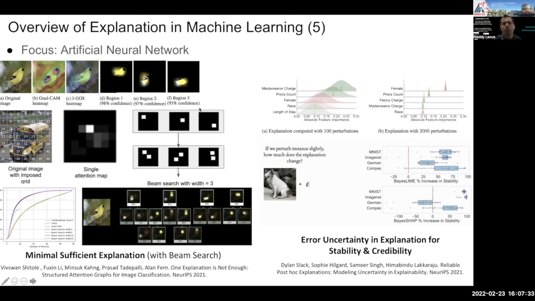The more perturbation you do, the more realistic you are. What it shows is that if you do the perturbation largely enough, you remove the uncertainty, and basically you increase the explanation scope. It shows that this kind of perturbation sampling is very important for the stability and the credibility.